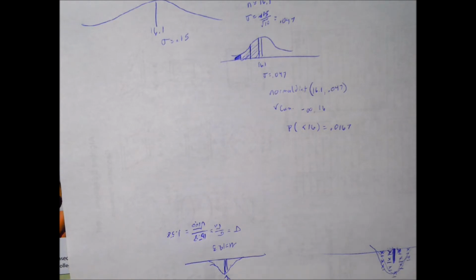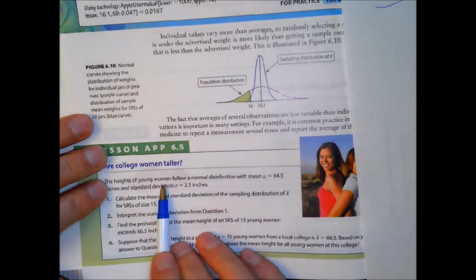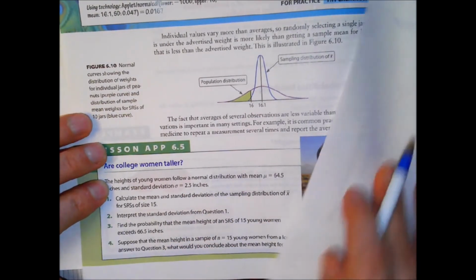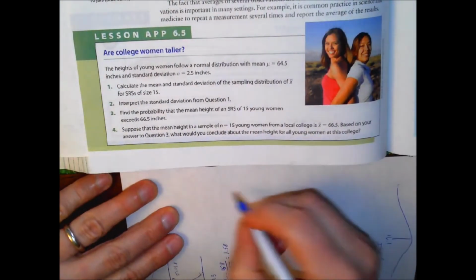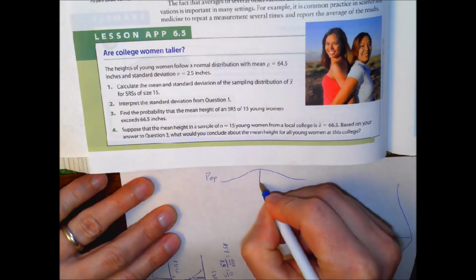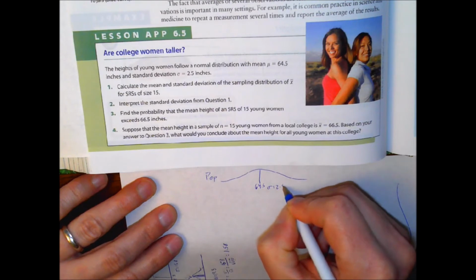Okay, so one more example for us today. Are college women taller? The heights of young women follow a normal distribution. So I know my population is normally distributed with a mean of 64.5 and a standard deviation of 2.5 inches.